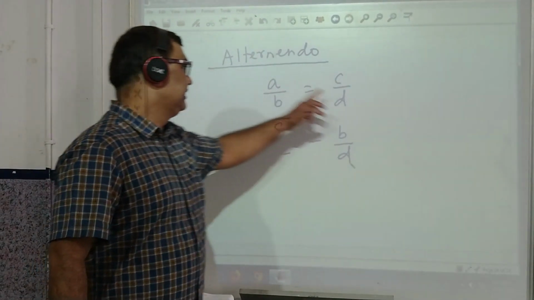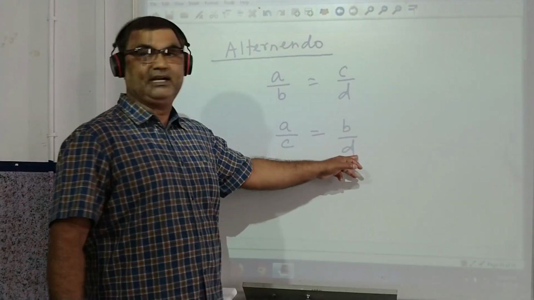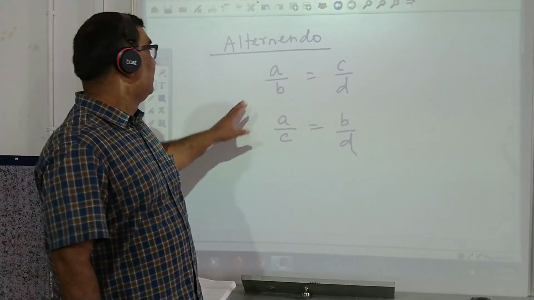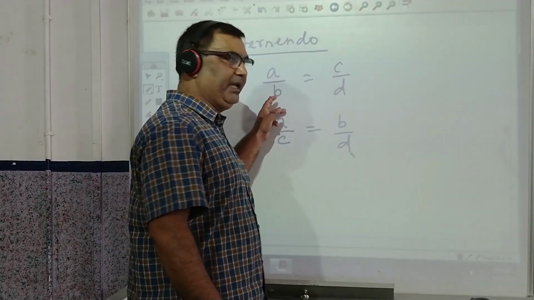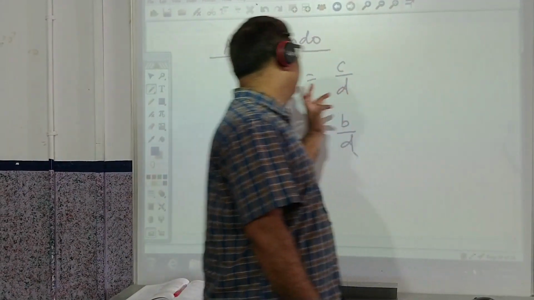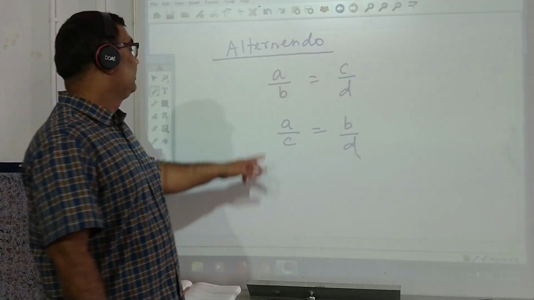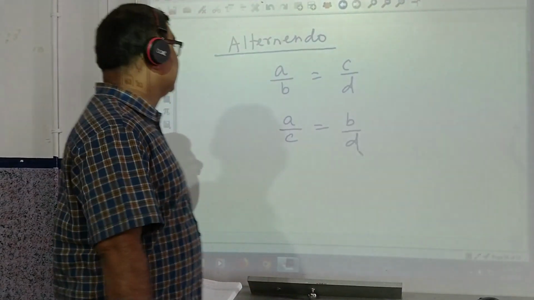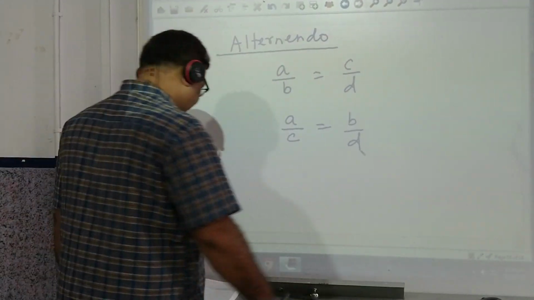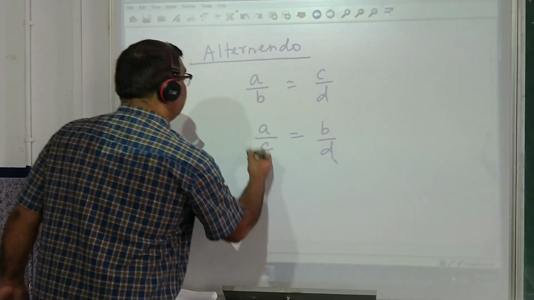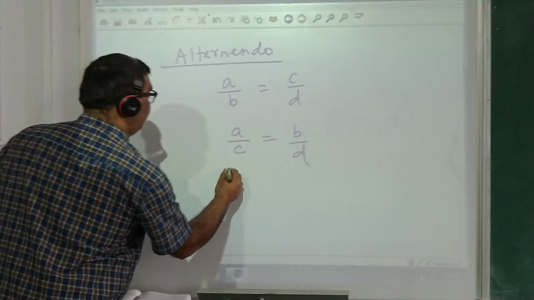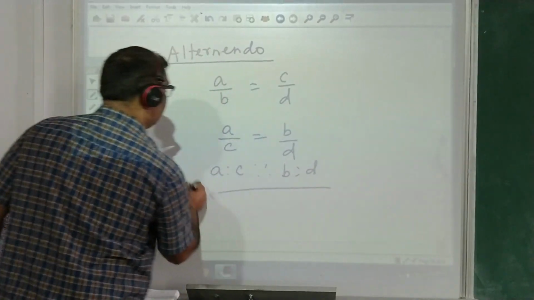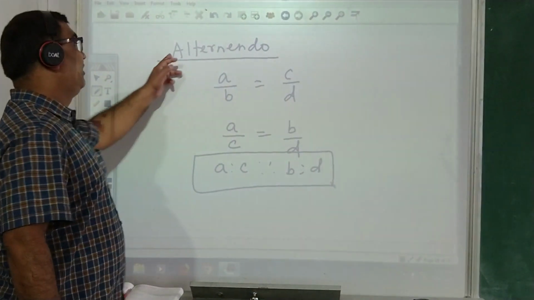Now see, A into D, AD, B into C, BC. So A is to B as C is to D. In alternando, can I write A is to C as B is to D? So this is the alternando, in the ratio form, A is to C as B is to D.